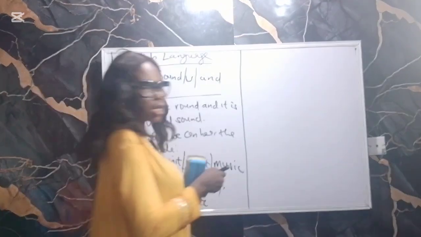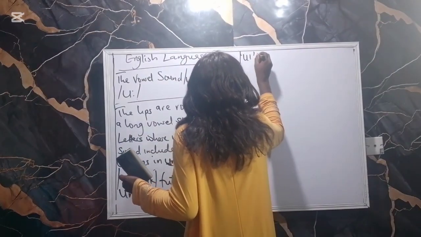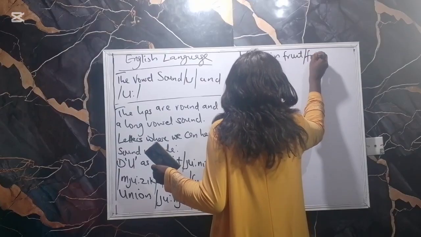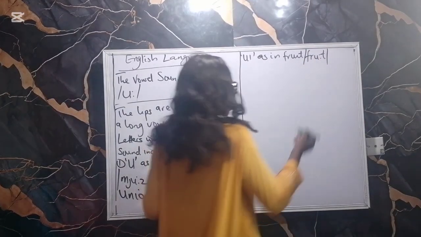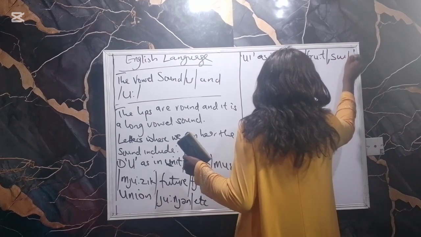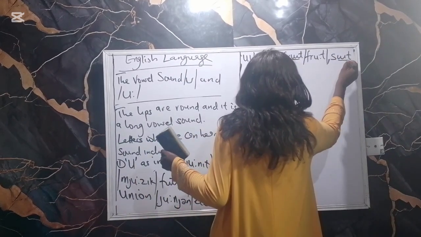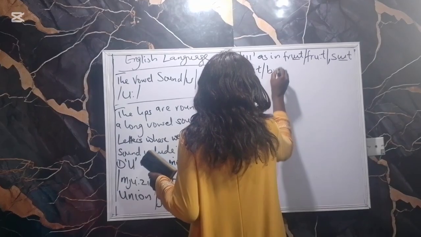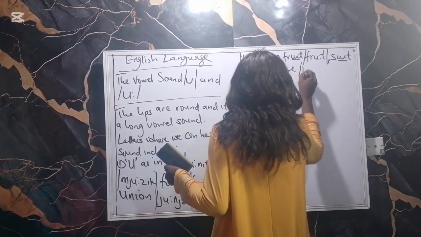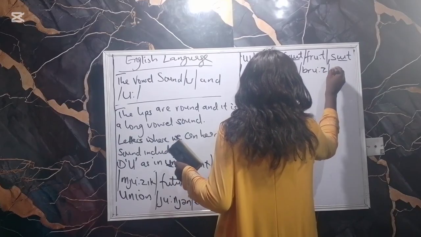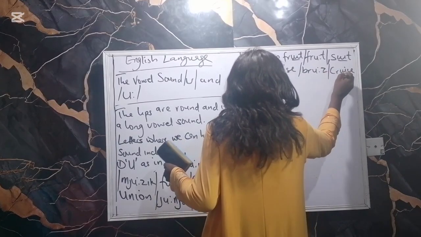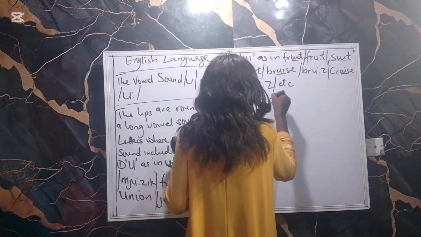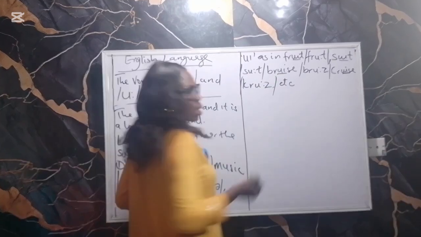Okay, so we can also hear it in letter U, I, as in fruit, fruit, okay, suit, suit, bruise, cruise, etc. And so on.